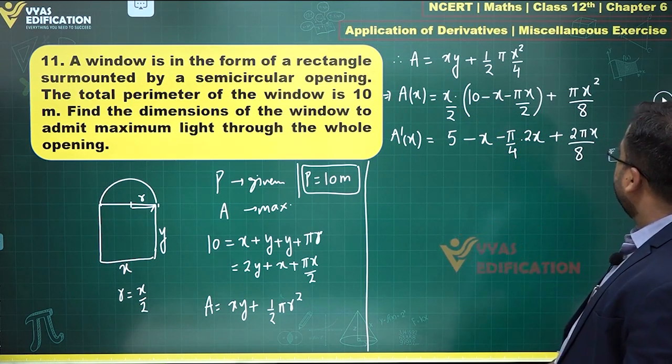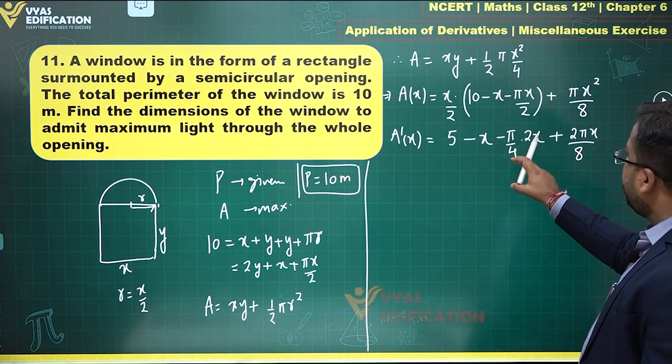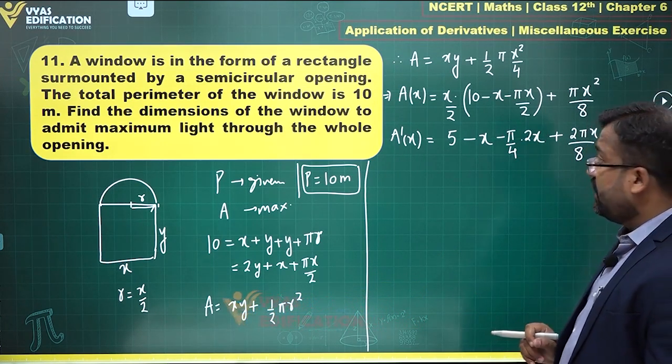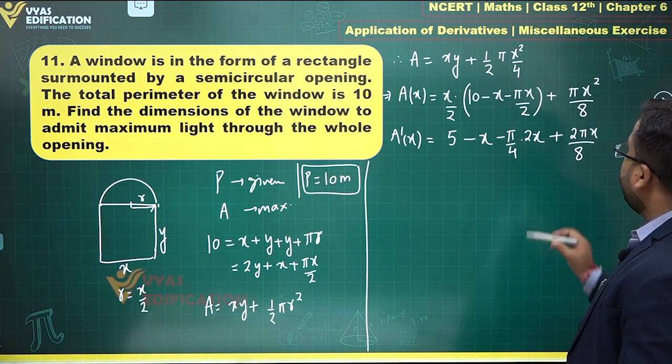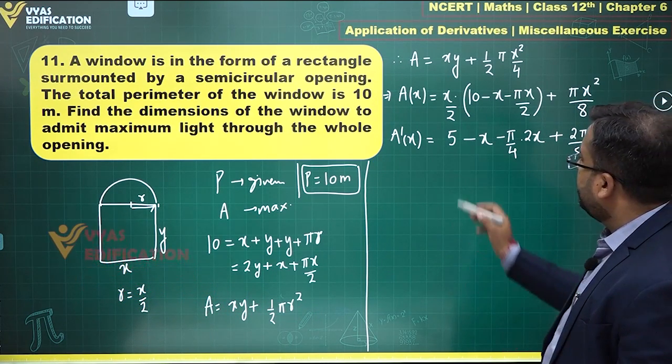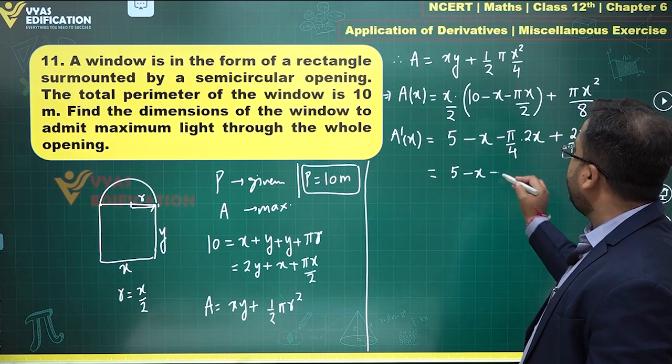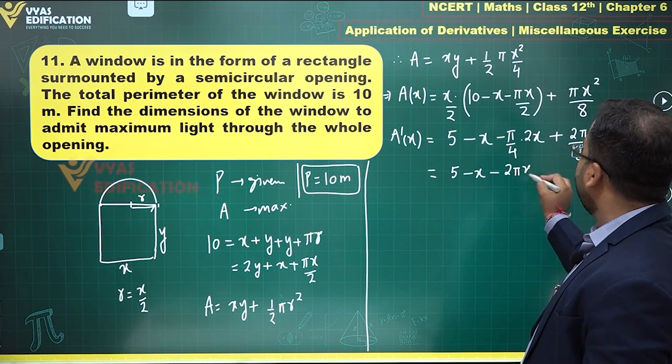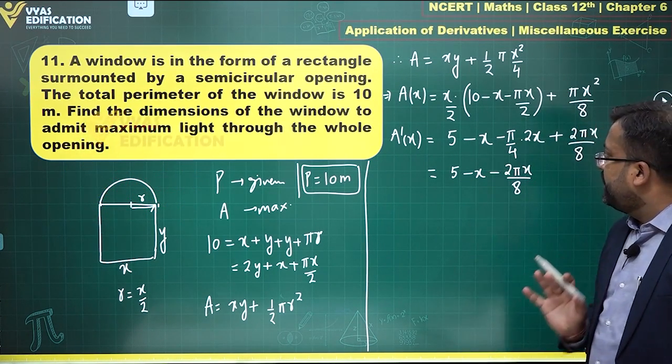So you have 4 pi x by 8 with a minus, and 2 pi x by 8 with a plus. 5 minus x minus 2 pi x by 8 is what I'm getting, right?